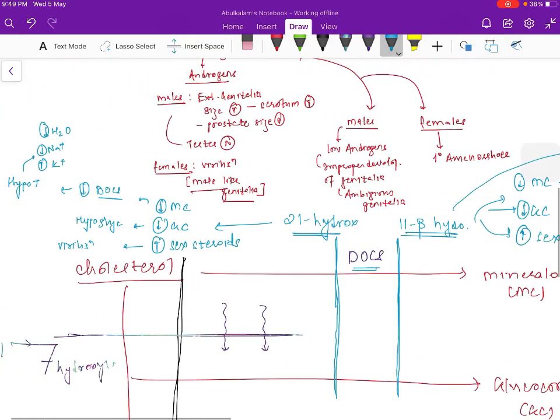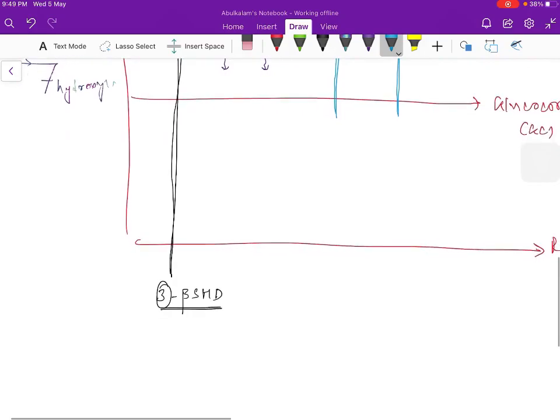Okay, next is one enzyme which blocks all three. This one is very simple, right? Again, it will block all three. It will present with decreased mineralocorticoid, decreased glucocorticoid, decreased sex steroids. So all the three levels will be decreased, right? So again, decreased mineralocorticoid, it will present with hypotension. Decreased glucocorticoid, it will present with hypoglycemia.